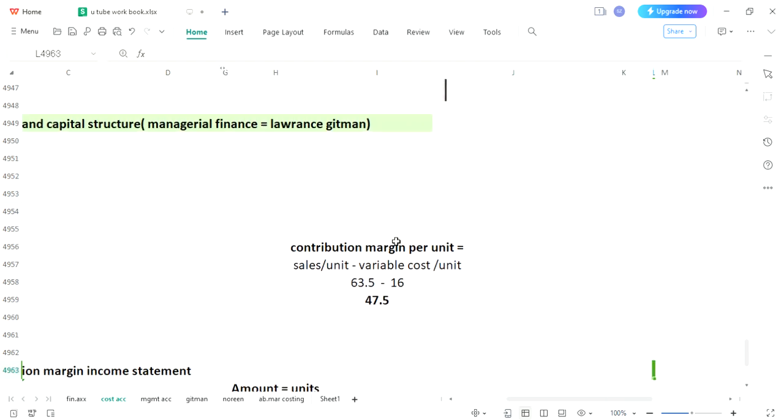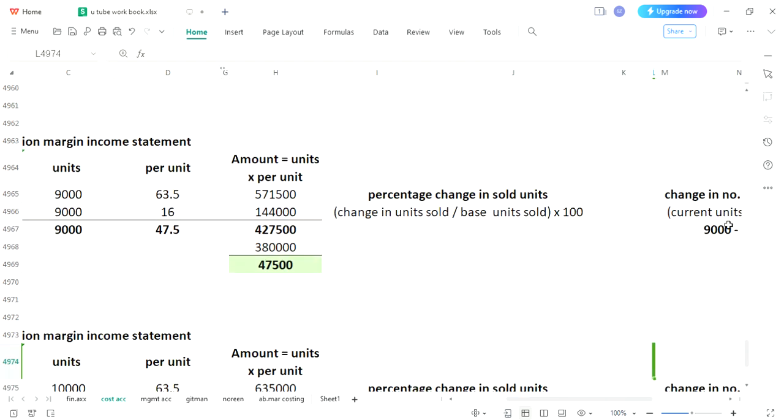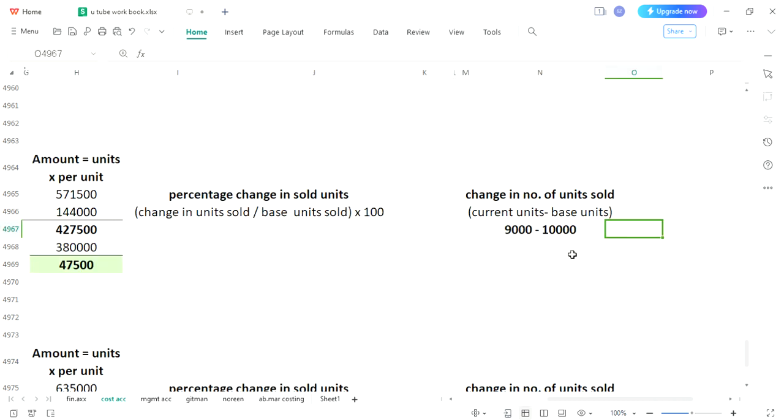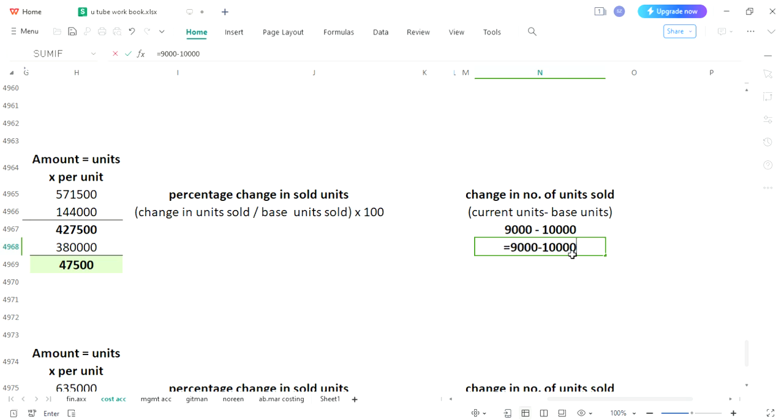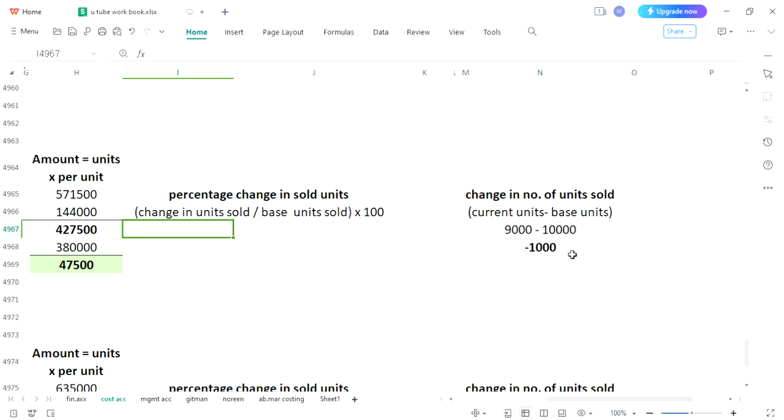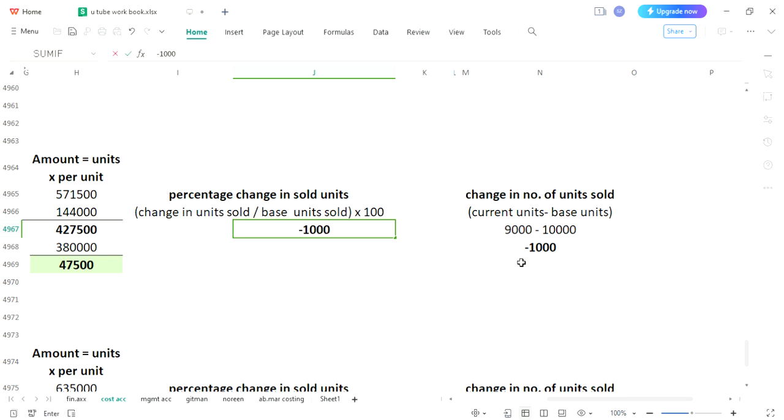So when you subtract 10,000 from 9,000, you will get minus 1,000 as your change in number of units. Come over here in your formula, and now you can put change in units sold minus 1,000, and you will divide it by base unit, 10,000, and finally you will multiply it by 100.